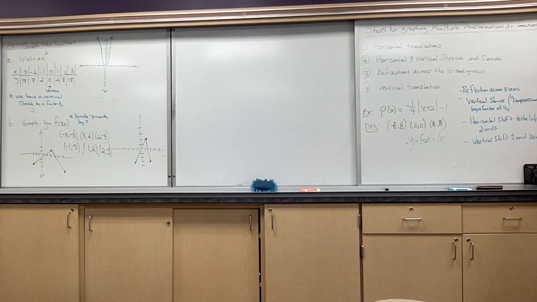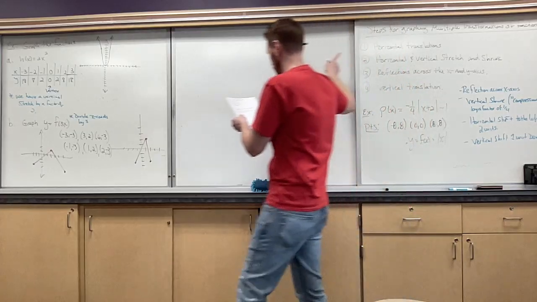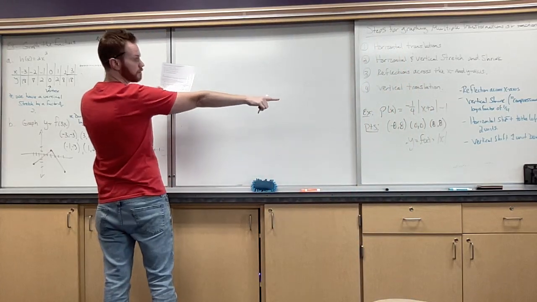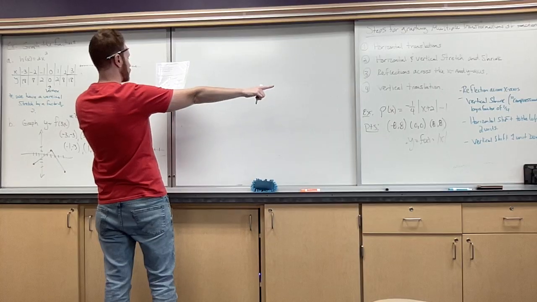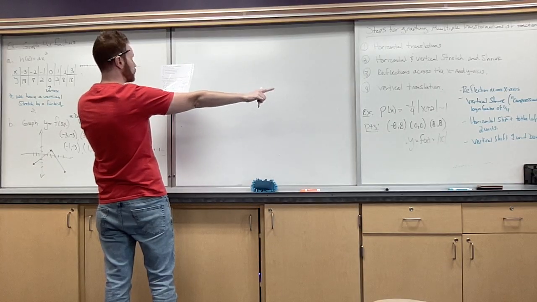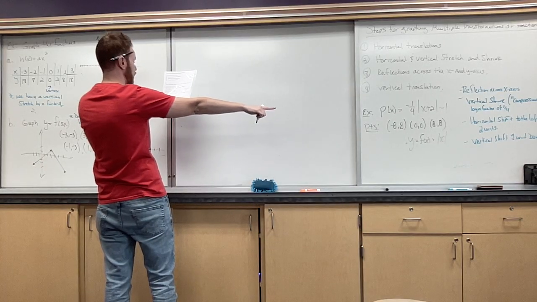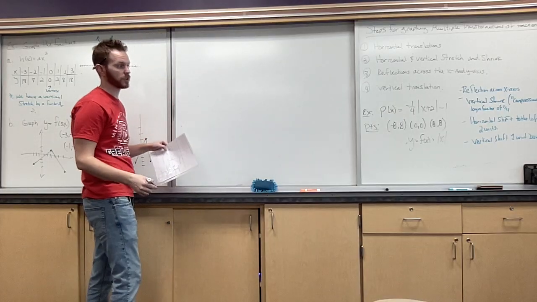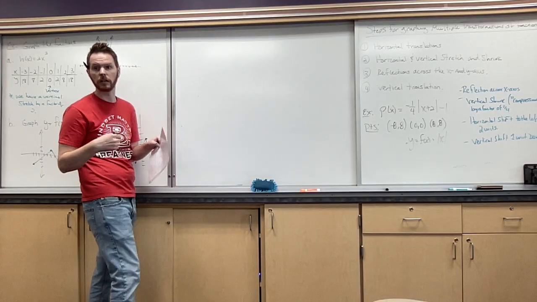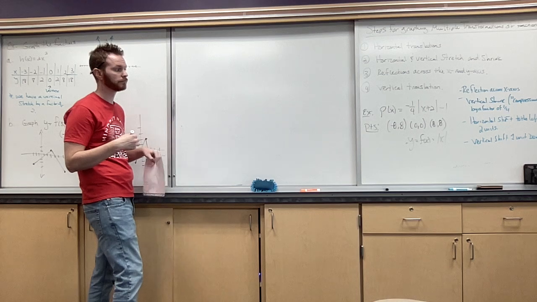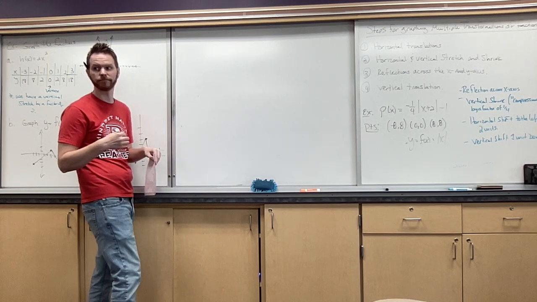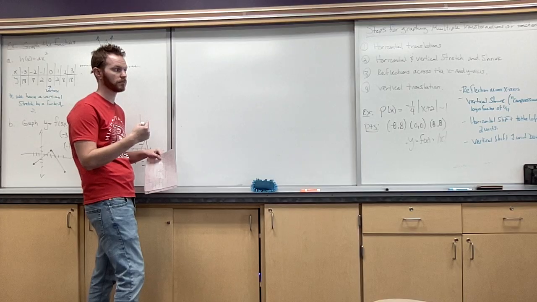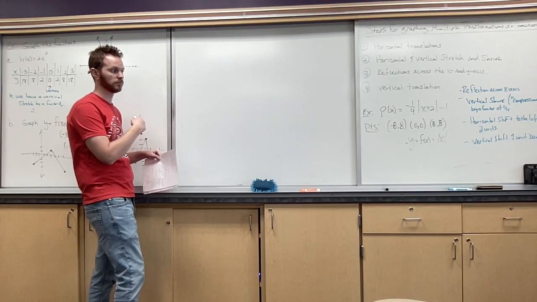So, let's do this. First, let's talk about horizontal. So, was it +2? If I'm shifting it to the left 2, my points are going to be where? What are my x coordinates going to be now if I'm moving it to the left 2? So if it was -8, 8, it's now going to be -10, 8.